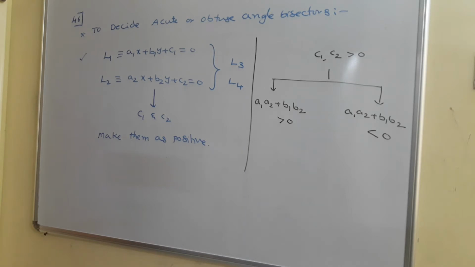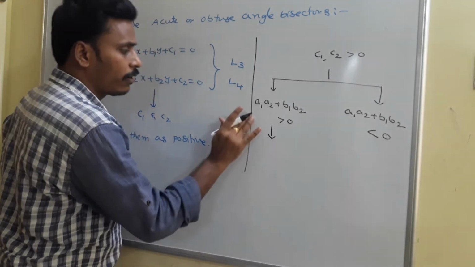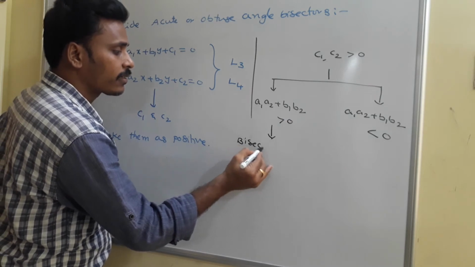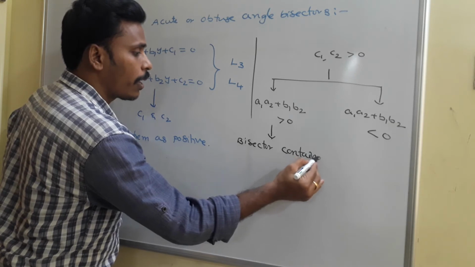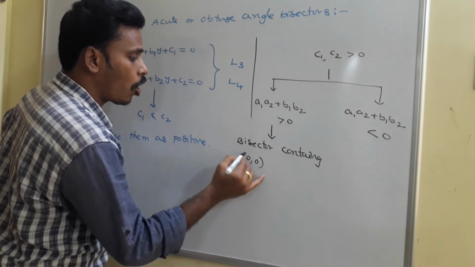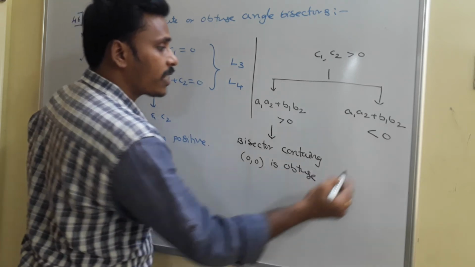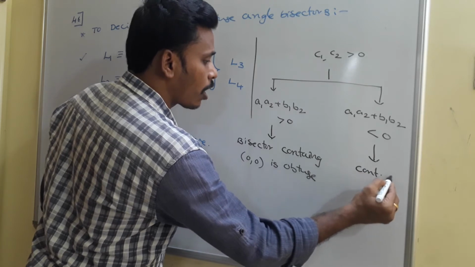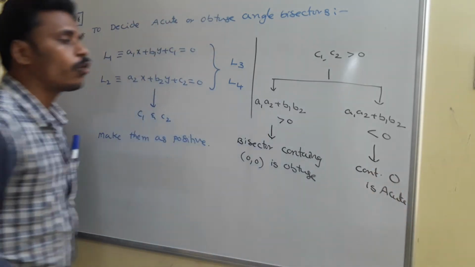If it is greater than 0, then we say the bisector containing origin is obtuse, whereas in the other case the bisector containing origin is acute. That's what you need to identify.